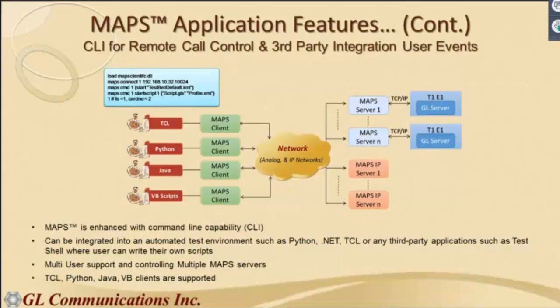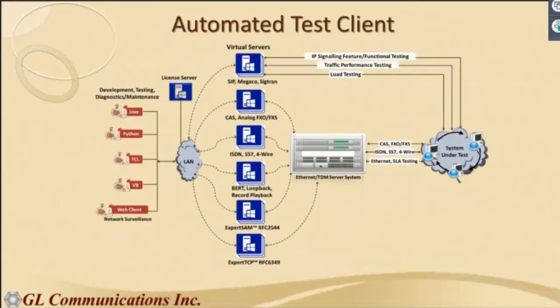So with our GLS scripts, we can write a wrapper where, using these languages, the user will be able to simulate his test cases. It will allow you an interface where TCL, Python, Java can communicate with our maps client, and it will be able to simulate the different scenarios in the network.